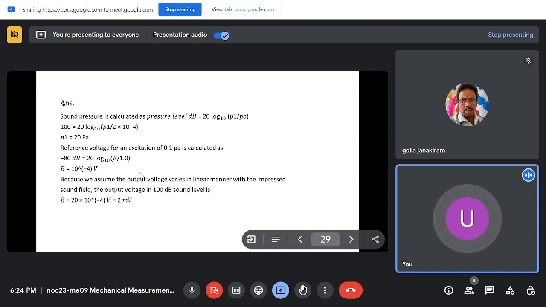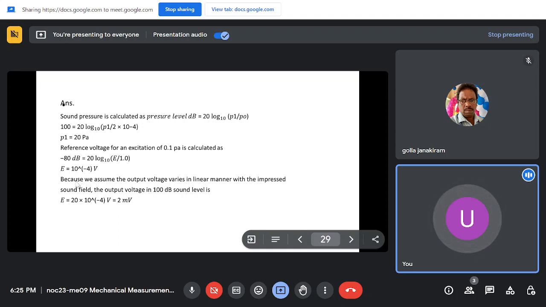In this case the reference EMF is 1 volt. So the excitation EMF required for minus 80 decibel is 10 power minus 4 volts, or 0.1 millivolt. So for 0.1 pascal, the EMF generated is 0.1 millivolt.